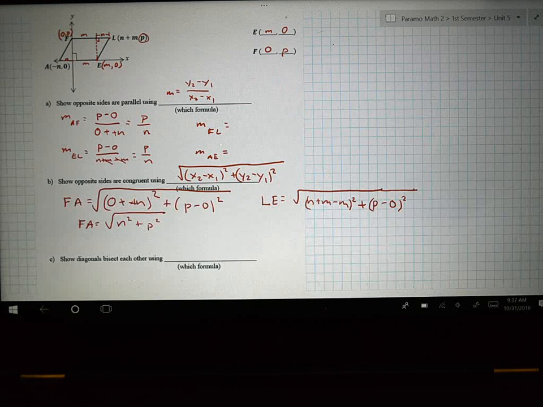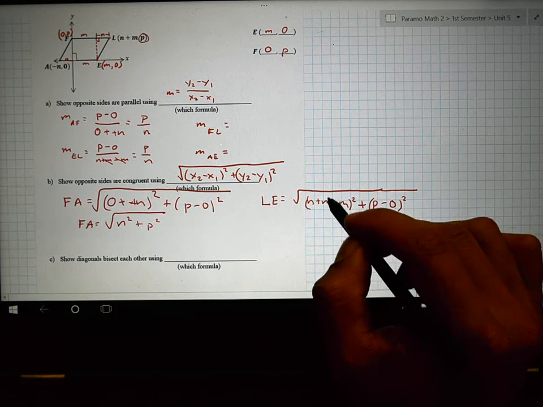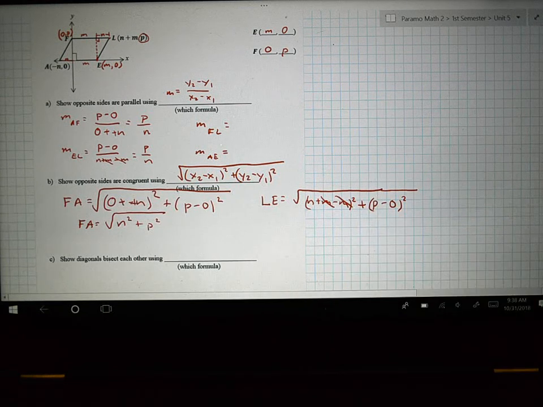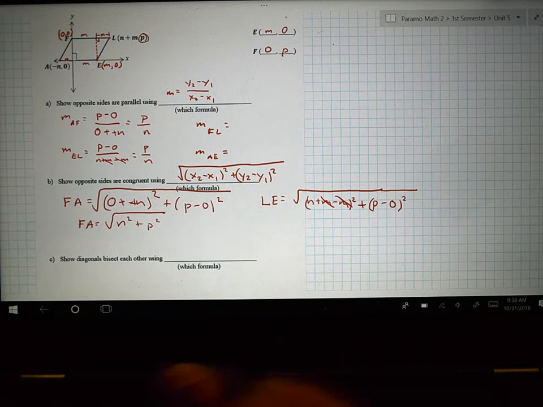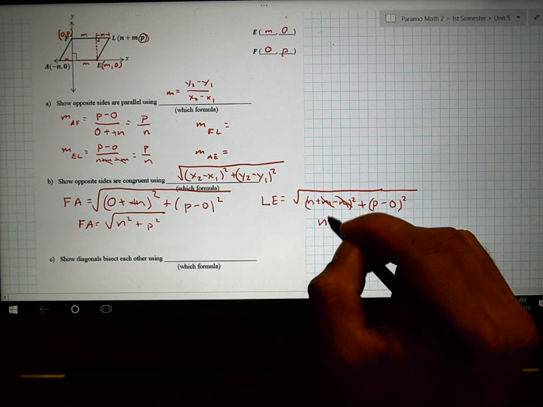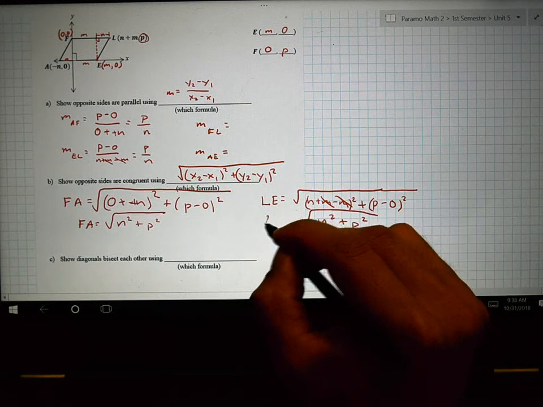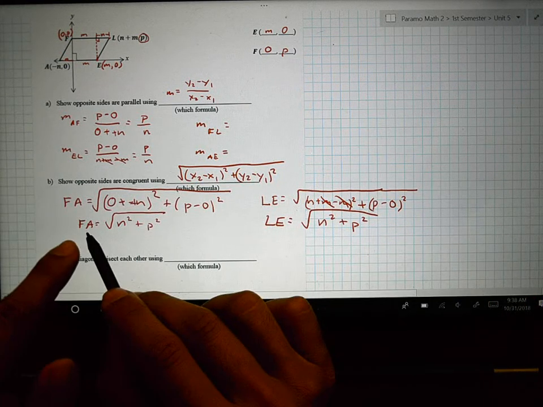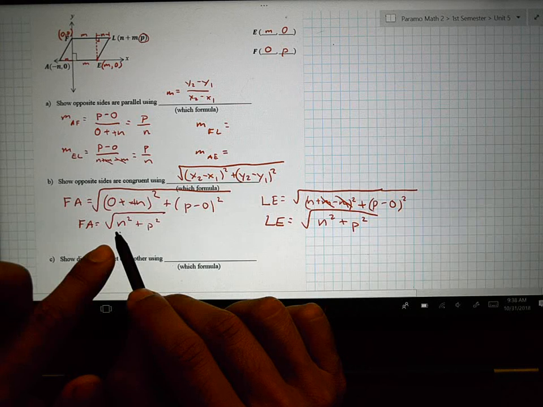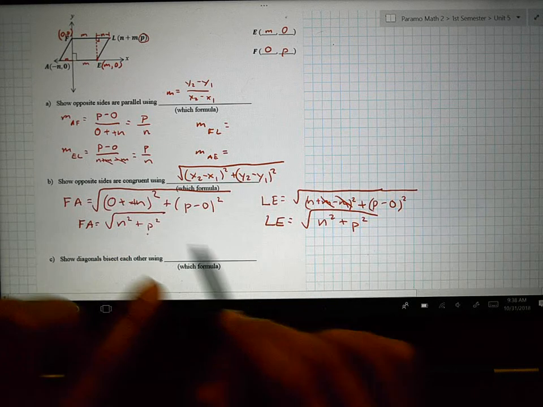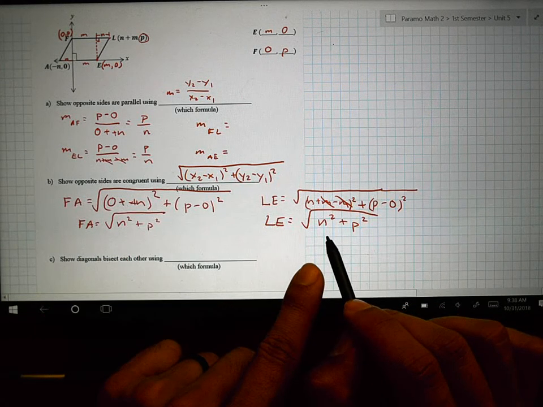And then what we do is we simplify this. And when you simplify it, the amazing thing that happens is that for FA's distance, you have the square root of n squared plus p squared, and for LE's distance, you have the square root of n squared plus p squared.